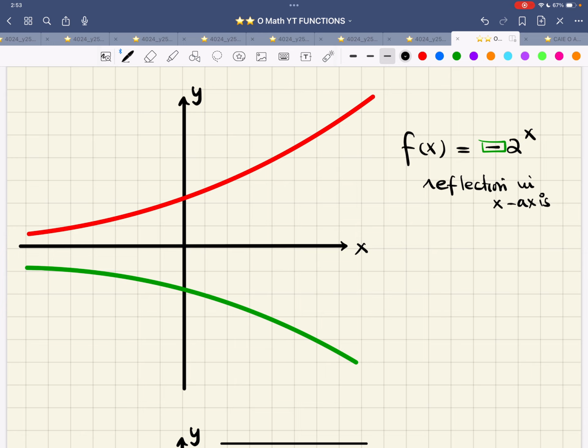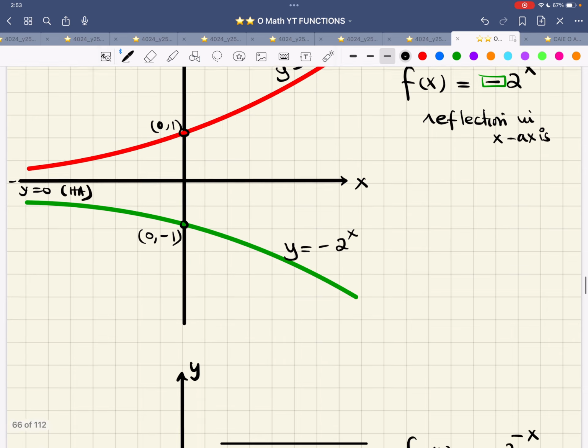This is not graphing, this is sketching. So first of all, this is (0, 1). What will happen to (0, 1)? This becomes (0, negative 1). This is y equals 2^x. This is y equals negative 2^x. And the asymptote is the same, which is y equals 0. That is the horizontal asymptote.